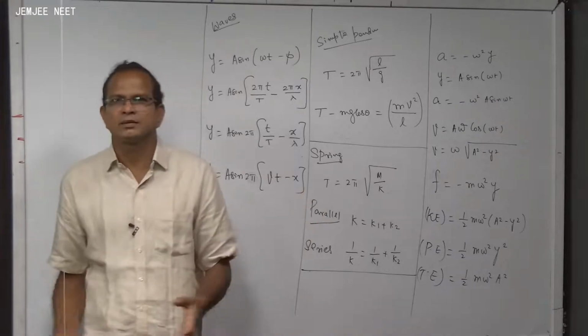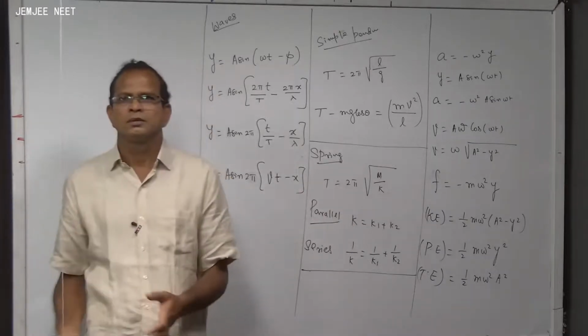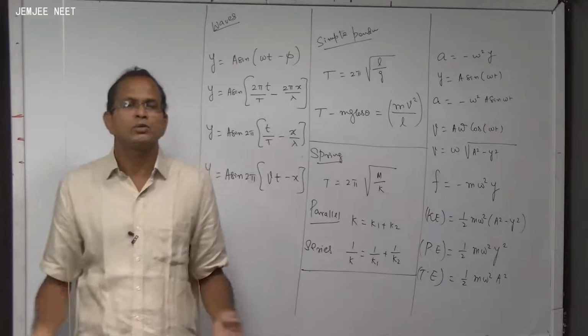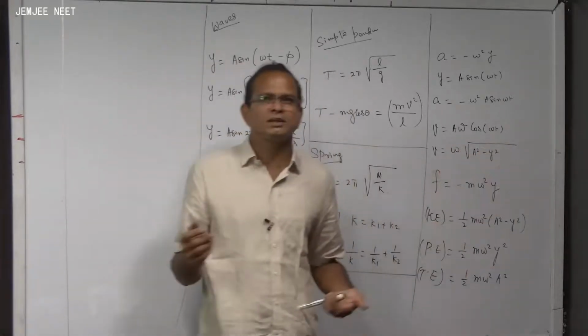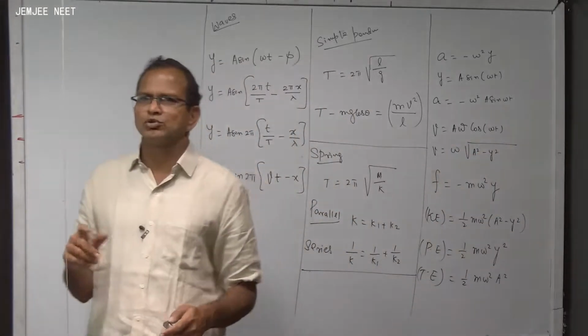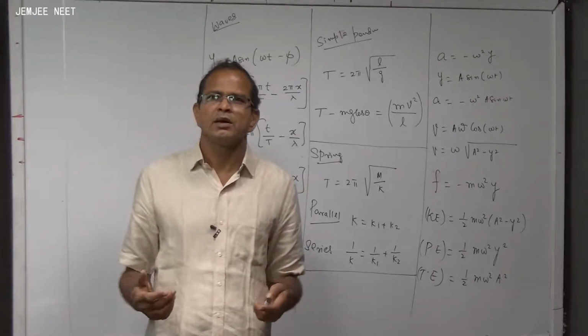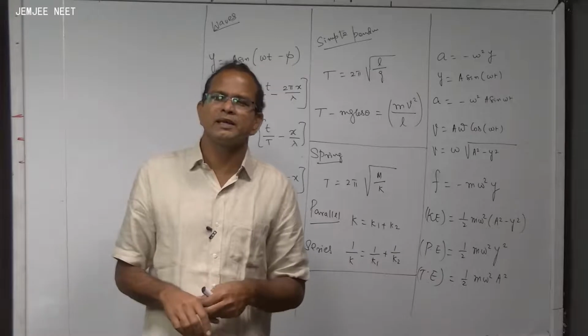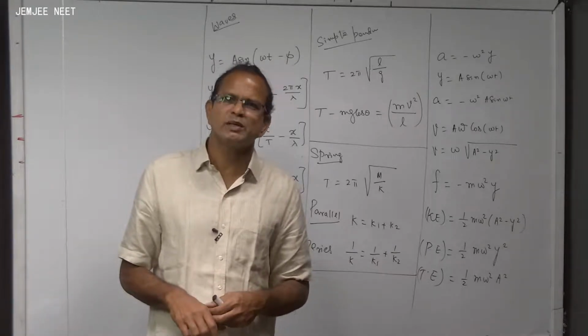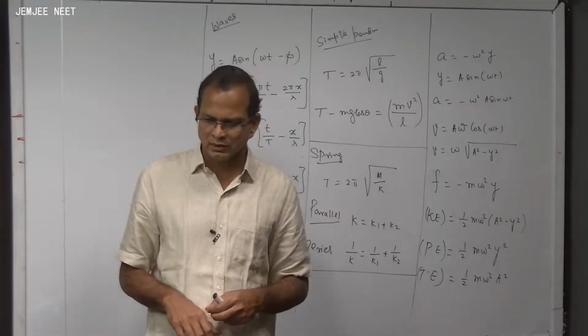What's the acceleration? G. I throw like this. What's the acceleration? G. So 2 pi into square root of L by g, right? Or they are giving displacement by acceleration, y by a.